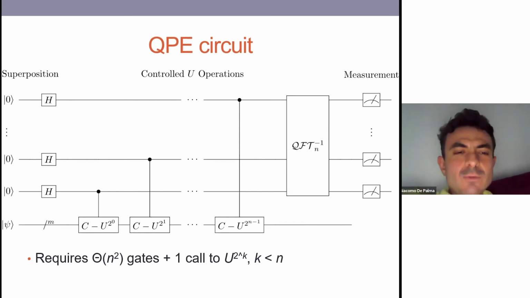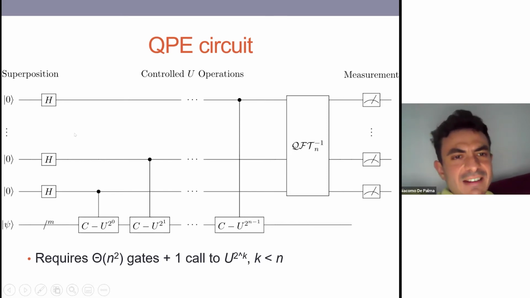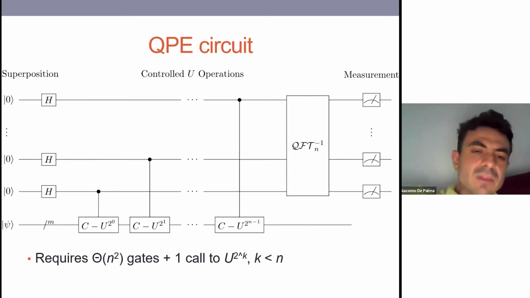So how many gates do we need for this? We know that we have n Hadamard gates here. Then we have order n squared gates in the quantum Fourier transform.